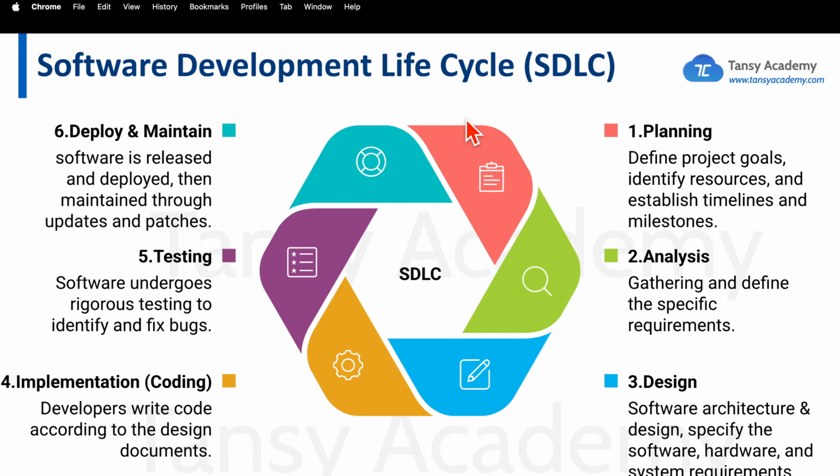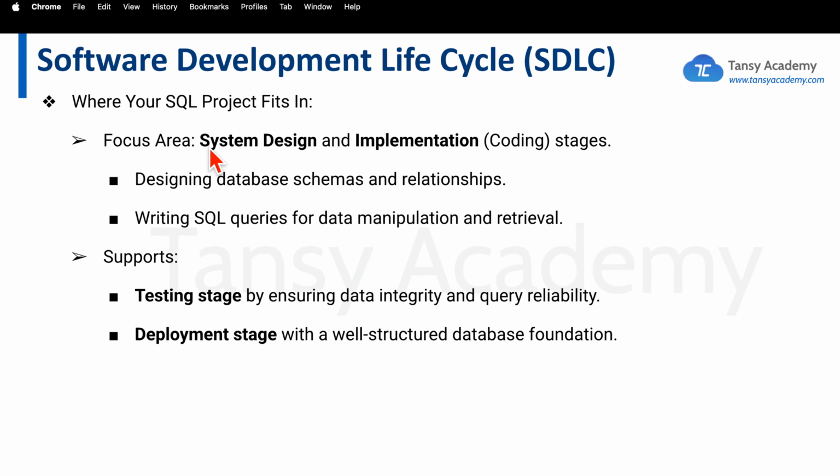And then if you talk about the software development lifecycle, you should know where the work and assignments you are doing fit in the real world. As we discussed in chapter 2, there are about 6 to 7 phases in the SDLC. What you do fits at system design and implementation.